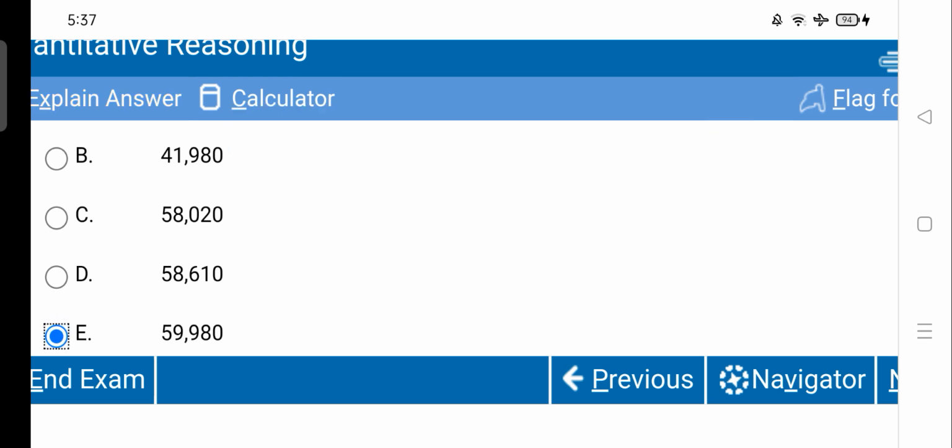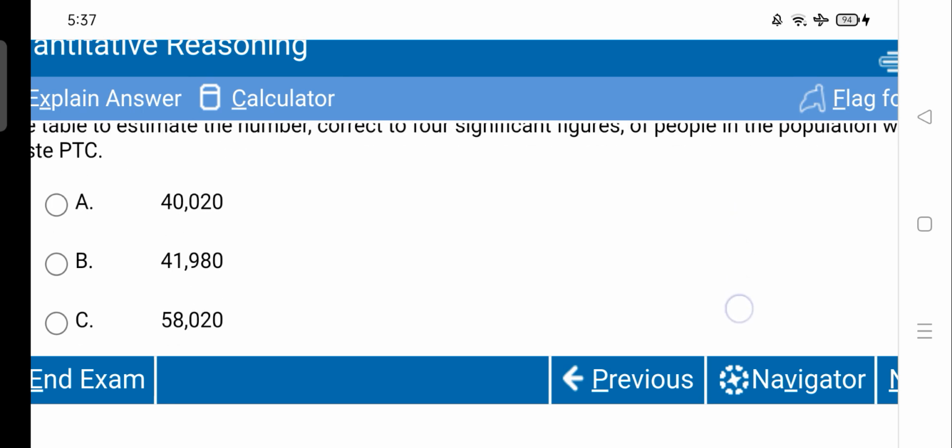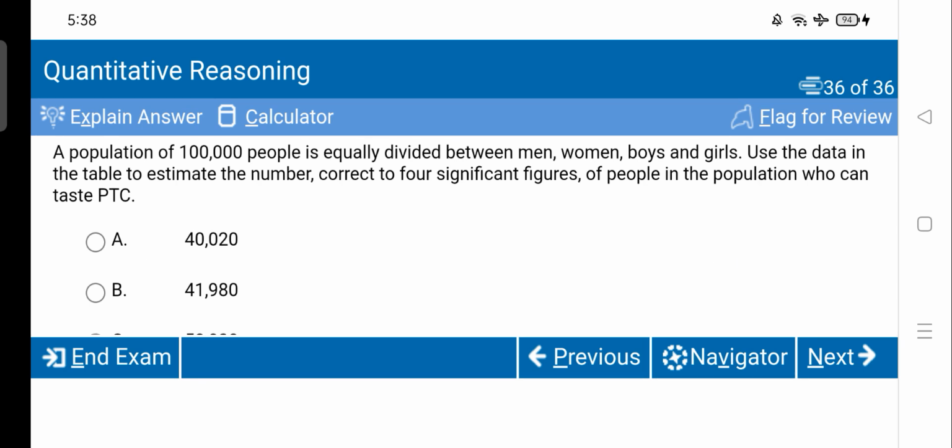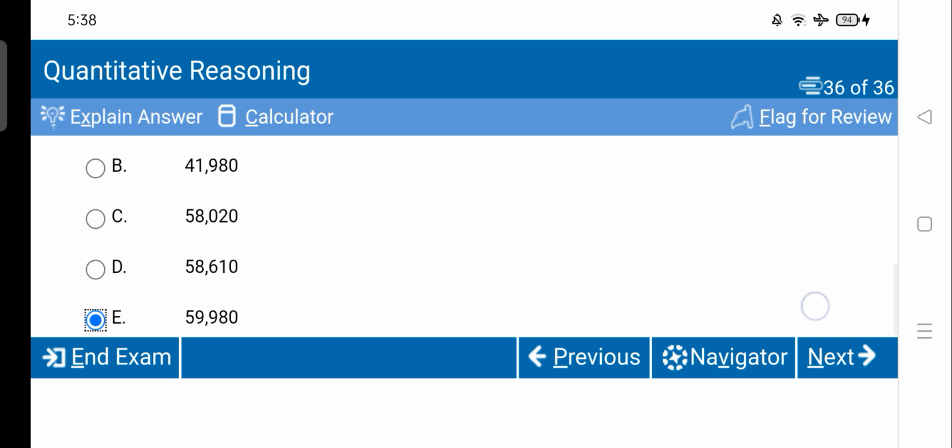So option E is the correct response, that 59,980 is the number, correct to four significant figures, of people in the population who can taste PTC.